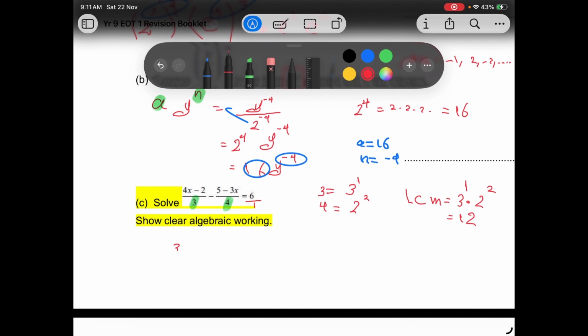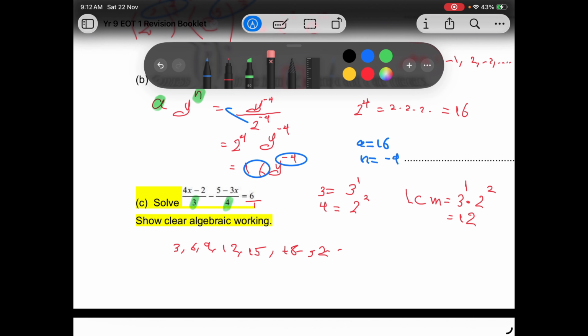If you write down the multiples of 3, we have 3, then 6, then 9, then 12, then 15, then 18, then 21, then 24, then 27.